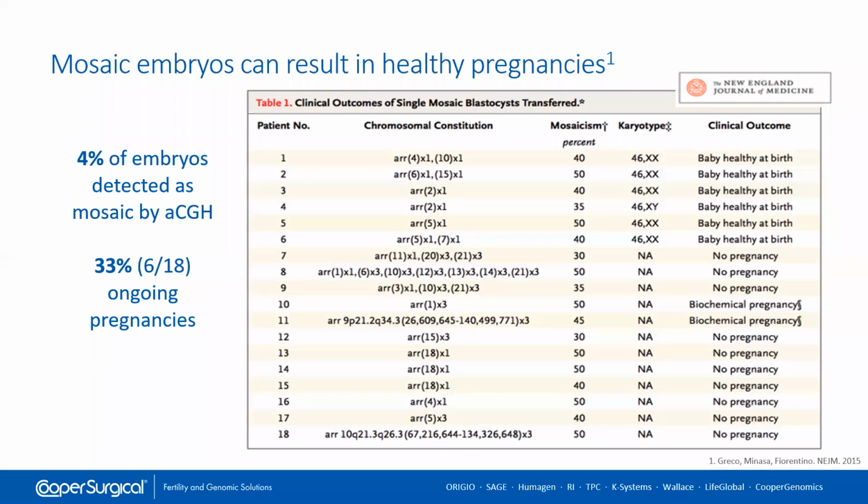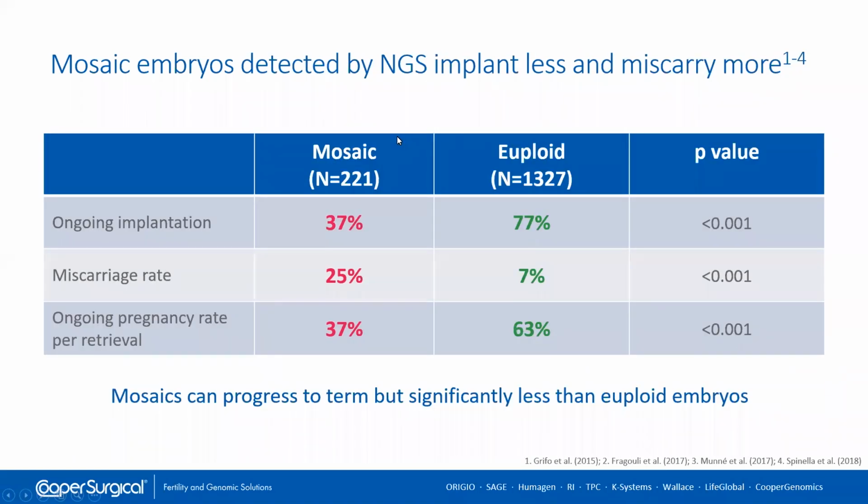It's a very small data set at this point, 18 transfers, 2 biochemical pregnancies which resulted in miscarriage. So not really drawing any conclusions from miscarriage rate, but certainly a much reduced implantation rate and ongoing pregnancy rate compared to euploids.